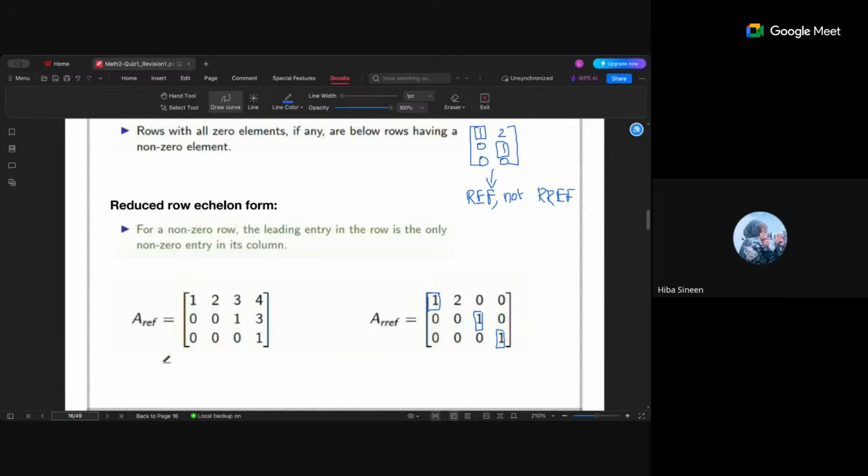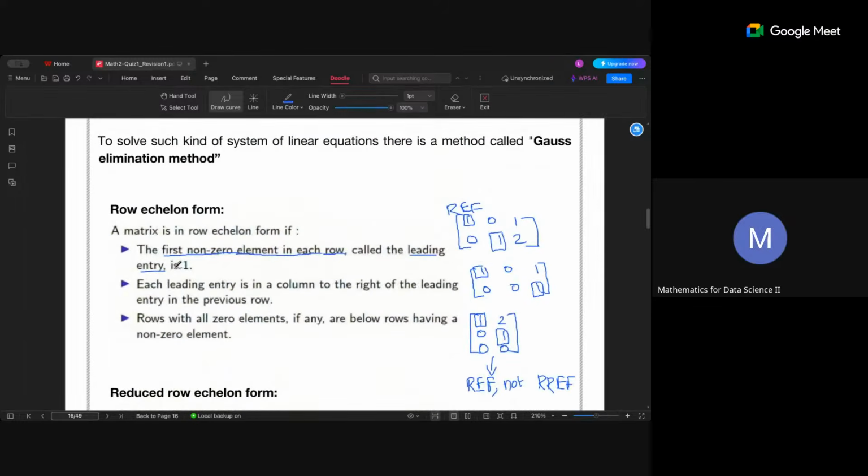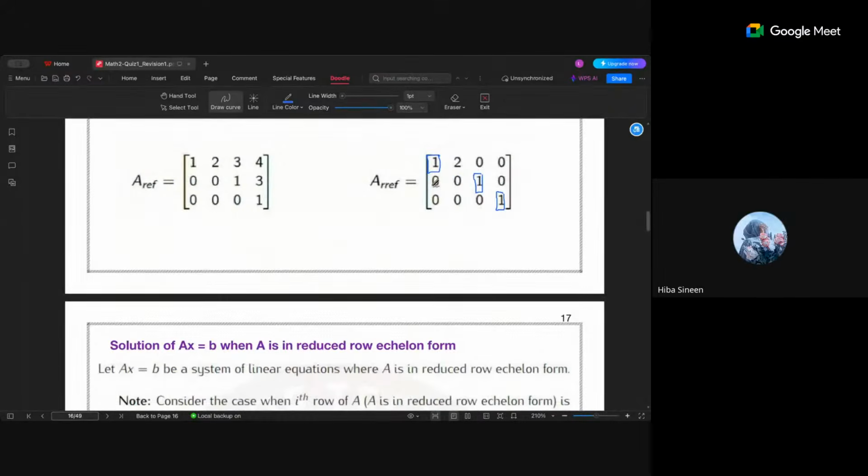In RREF, if the element in A14 was any other non-zero number? It's not in RREF because the very first condition is violated. No, not A14, like row 1, fourth element. Yeah, A14. See, if apart from this entry, you have any other non-zero entry, then that is not RREF.